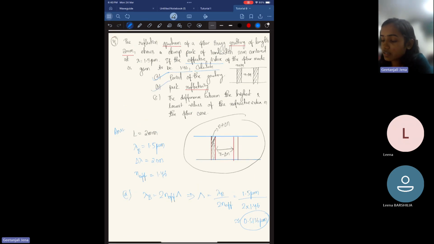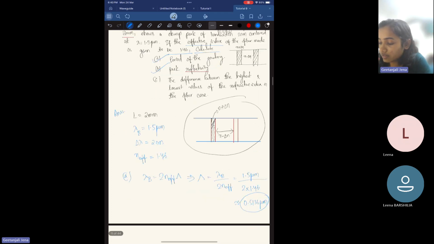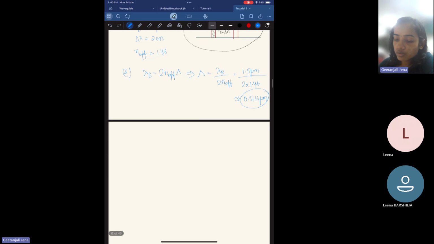For the second part, it asks us to find the peak reflectivity of the fiber Bragg grating. So from the formula of the reflection spectrum, R will be tanh²(κL). This is the reflectivity when we have the pure phase matching condition, that is when γ is 0.